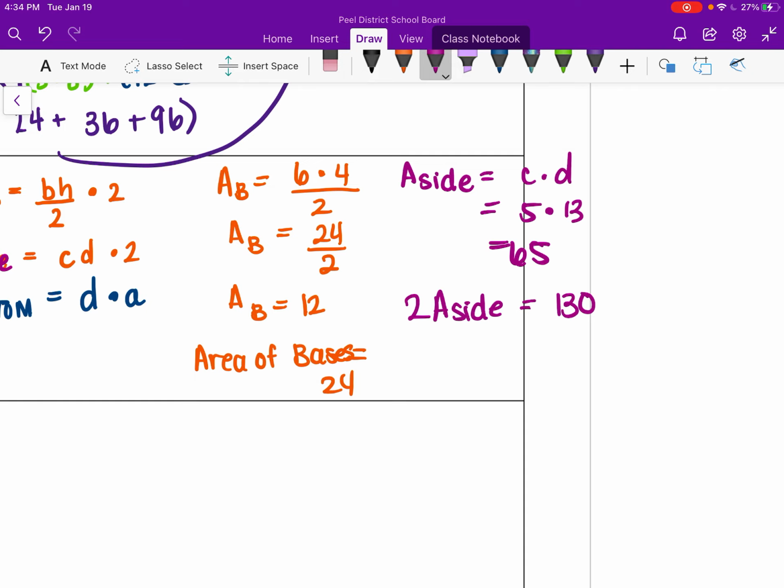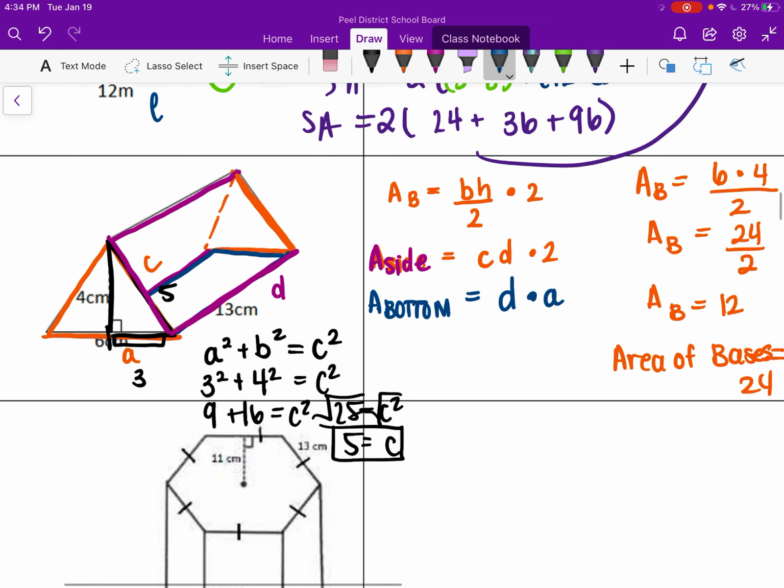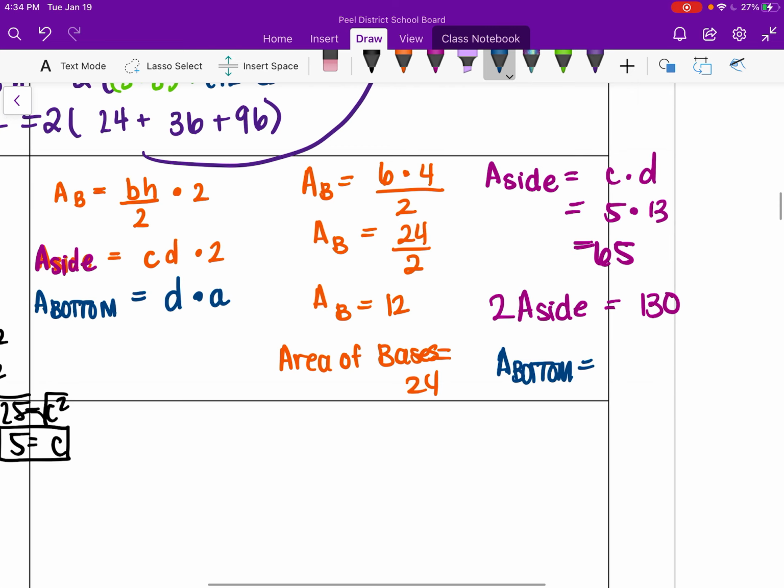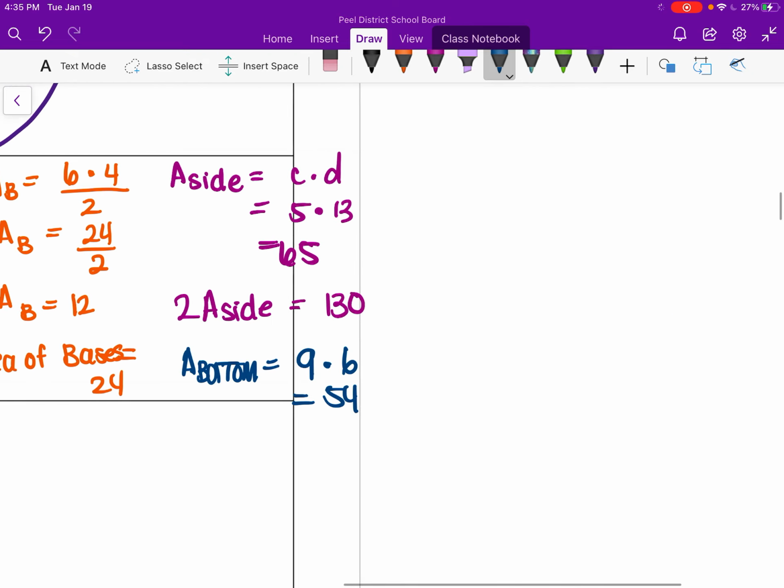And then you need the area of the bottom, which we said was area of bottom equals D times A, which is just D times 6, equals 9 times 6, 54. And now we're just going to add all of those together, right?